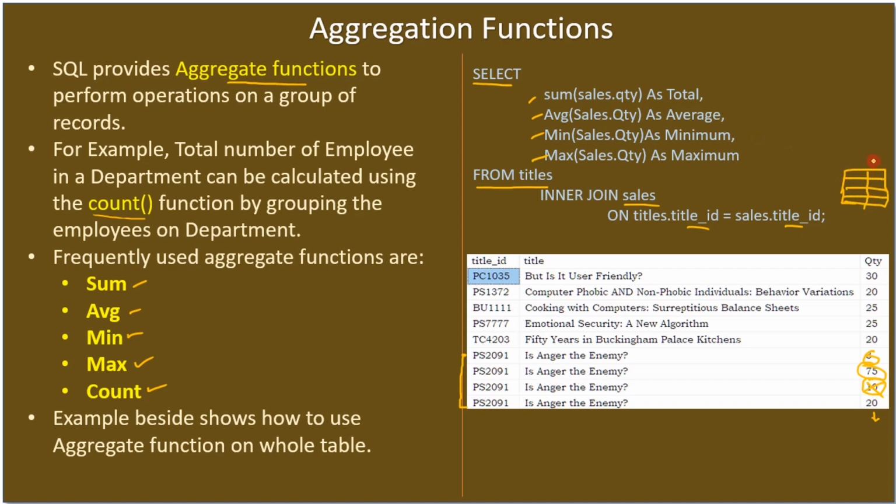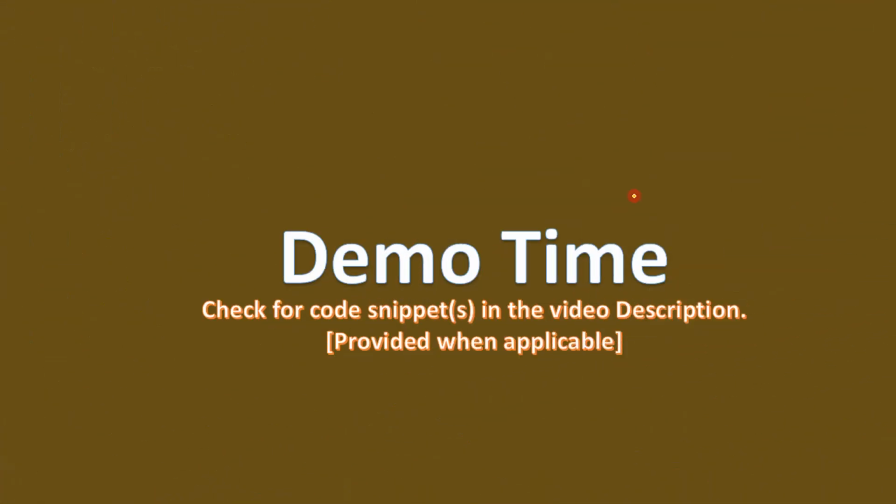Then sum is applied on all these 4, average on all 4 records, minimum of these 4 quantities, and max among these 4 quantities. So that's how it will work, and it will return a single value. That's the purpose of aggregate functions. Now let's go to the demo.